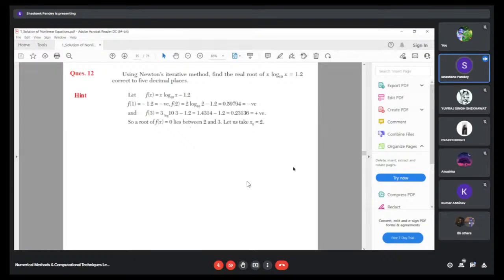We can express this in terms of a function, and we compute the value of the function at 1 and subsequently at 3, getting one value negative and the second value positive. So the root of f(x) equal to 0 lies between 2 and 3.